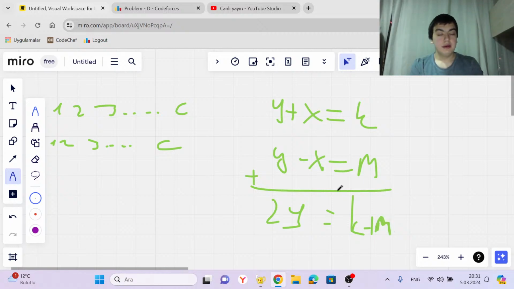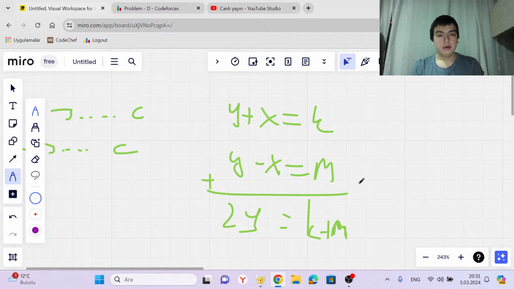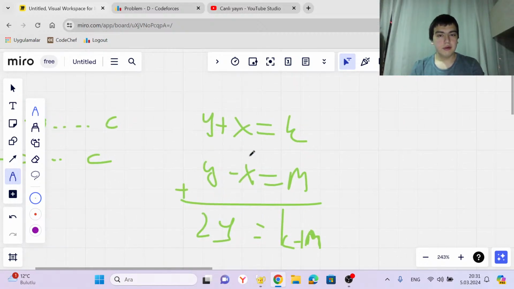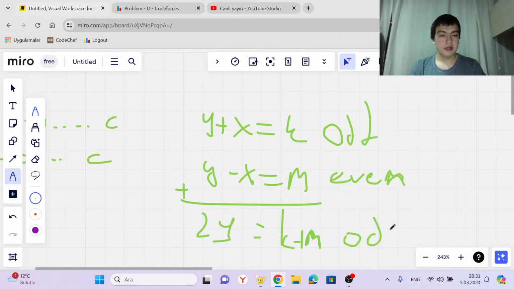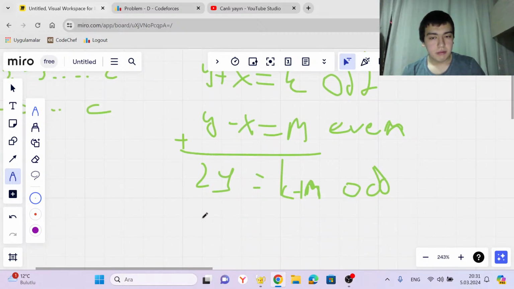If one of k and m is odd and the other is even, this sum will be odd, because the sum of an odd and an even number is odd. Then 2y is equal to an odd number, and y will not be an integer because an odd number cannot be divided by 2.